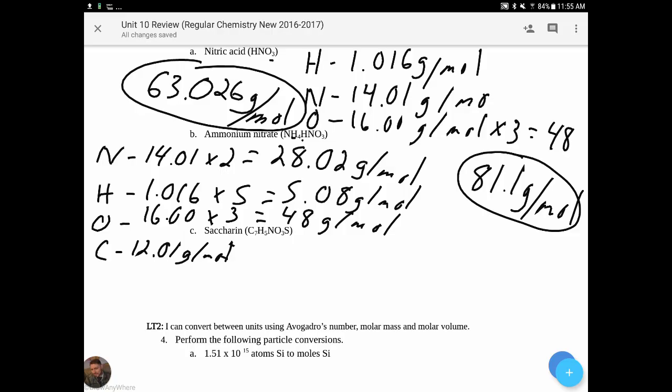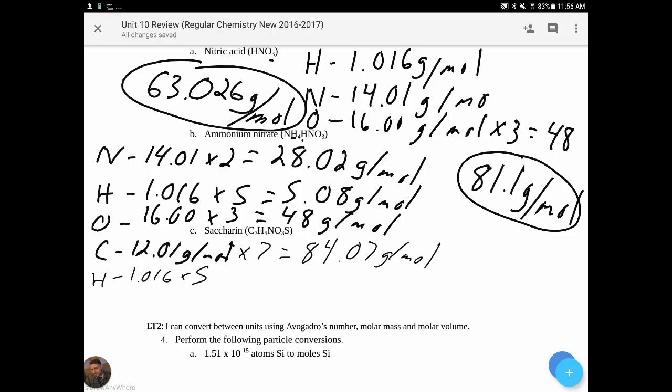Okay, so 12.01, there are 7 carbons. So 12.01 times 7, we get 84.07. Next is hydrogen, and there are 5 of them, so 1.016 times 5 grams per mole, which we did in the last one.